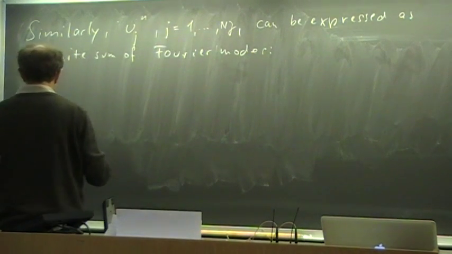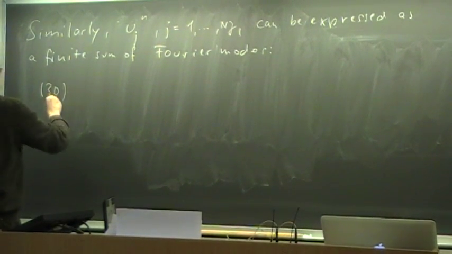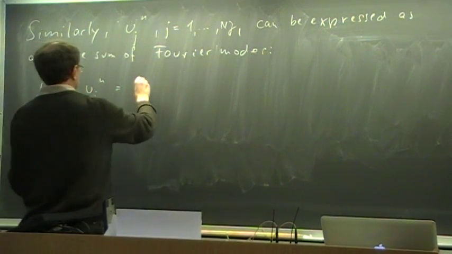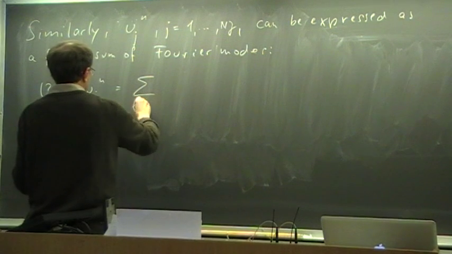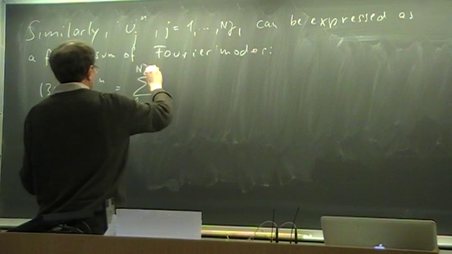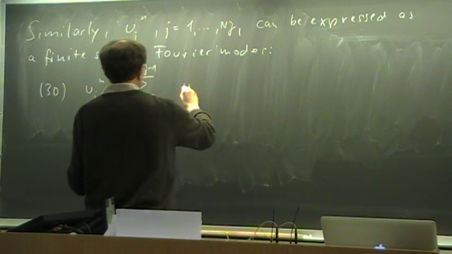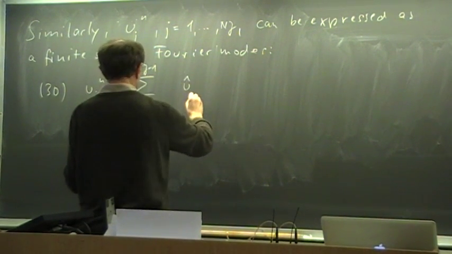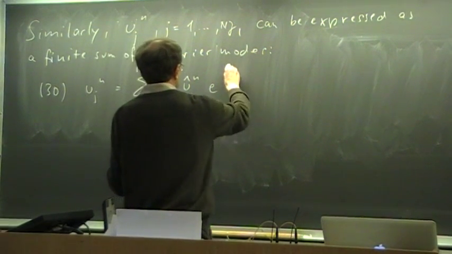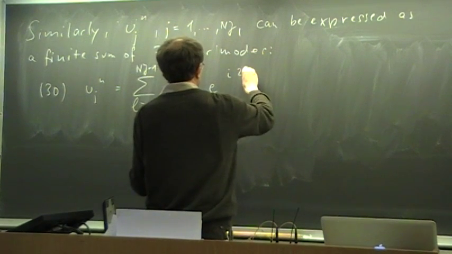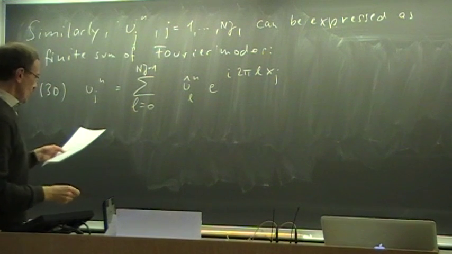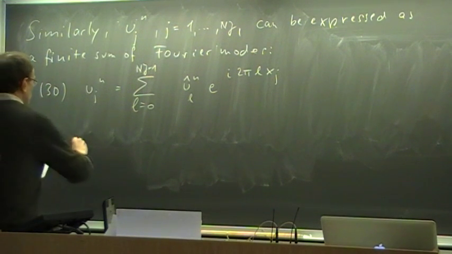That is then the following: u_j^n is equal to the sum. Everything is the same as we discussed for the rounding error, except that we have now the amplitude u hat_l^n e to the i 2 pi l x_j. So the notation is the same.